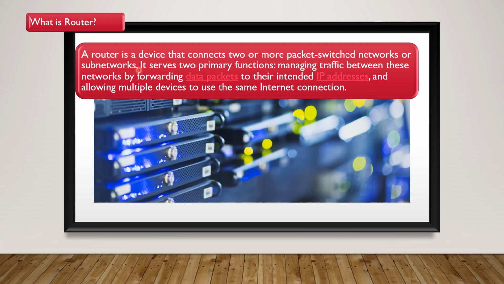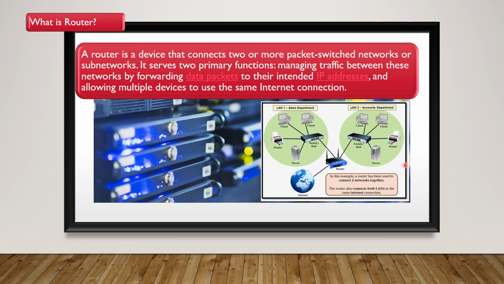It works at layer 3 of the OSI layers, acting on the IP address itself. It serves two primary functions: managing traffic between these networks by forwarding data packets to their intended IP addresses, since IP is layer 3, and allowing multiple devices to use the same internet connection.